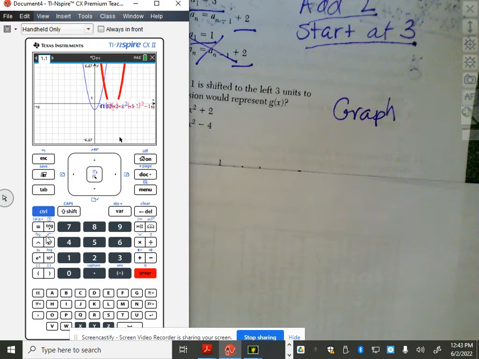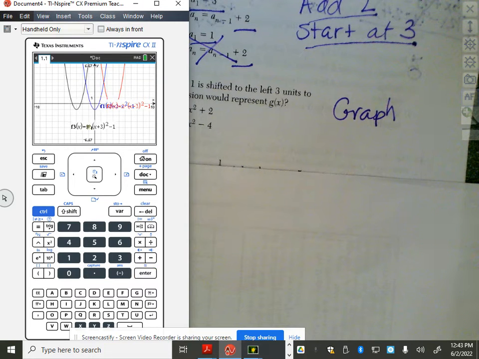We hit enter, and that went to the right 3, so that one doesn't work. Number 2, we're going to add another one in, and this time it's 2 times x plus 3, squared, minus 1. We hit enter, and that did.